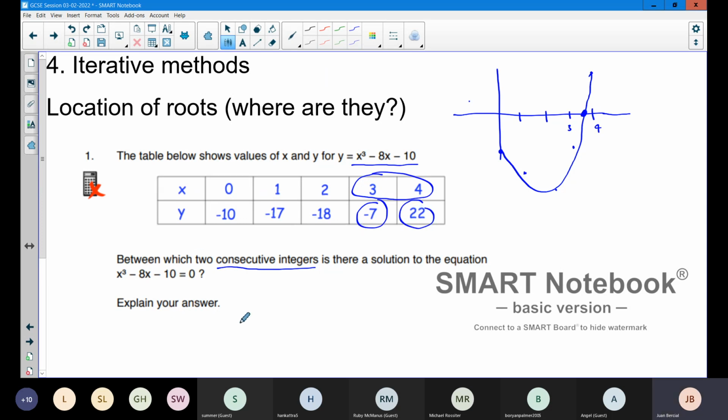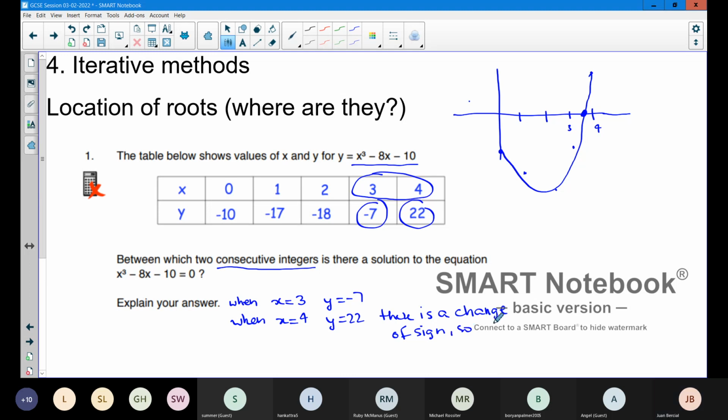The best way to explain this is, when x equals 3, y is equal to -7. When x equals 4, y is equal to 22. There is a change of sign.